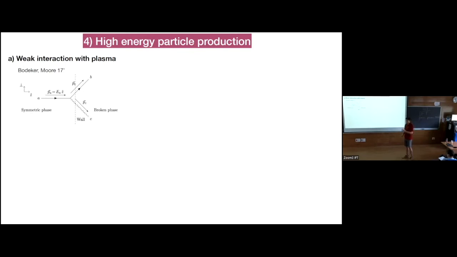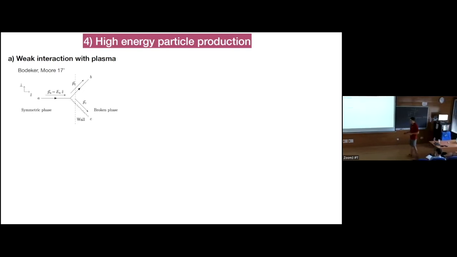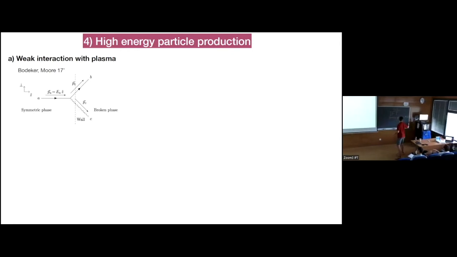Then if you boost it to the plasma frame, this radiation should follow the wall. Some of it is so soft that it cannot even penetrate inside the wall. It gets reflected because this radiation acquires a mass inside. If it acquires a mass, it needs to have kinetic energy large enough to afford it. If it doesn't afford it, then it gets reflected. So then you have a whole set of quanta that follow the wall. Okay, that's the first channel of production. The second one.